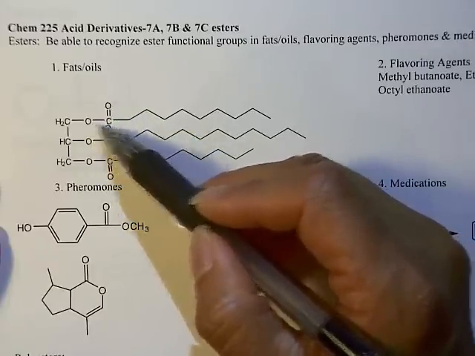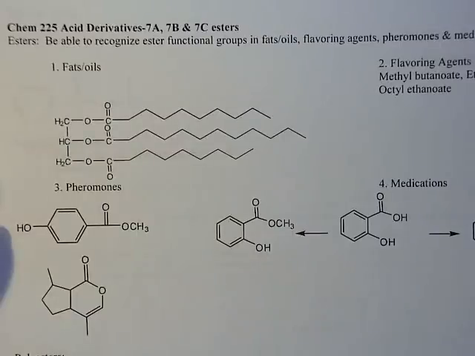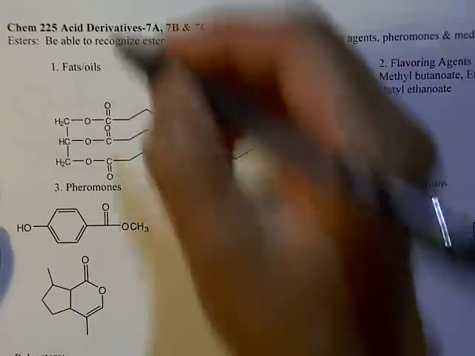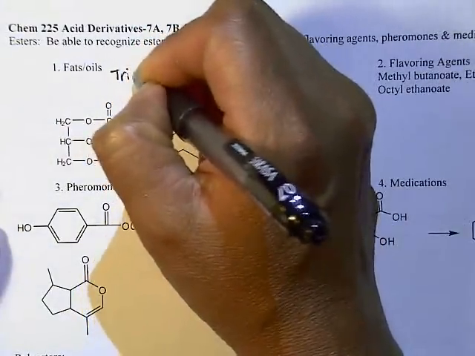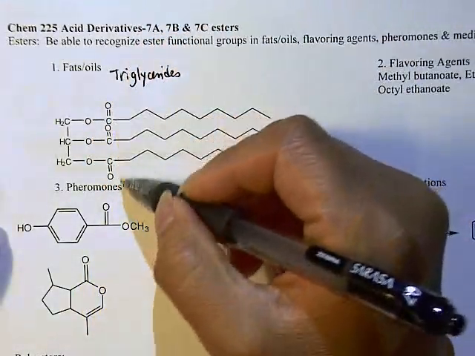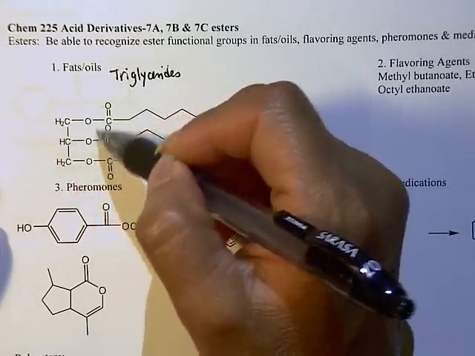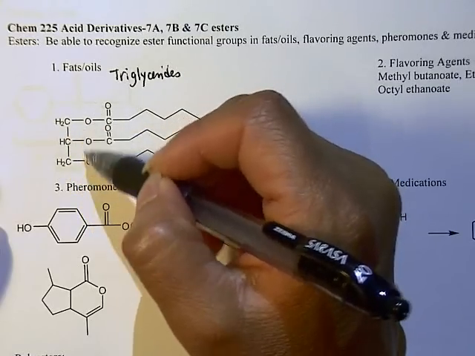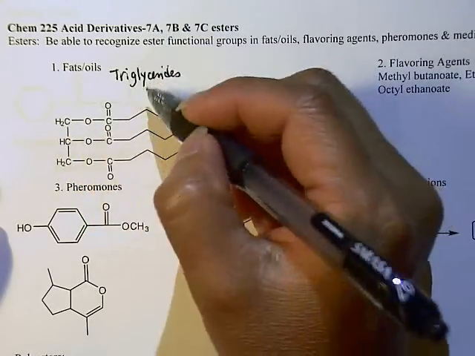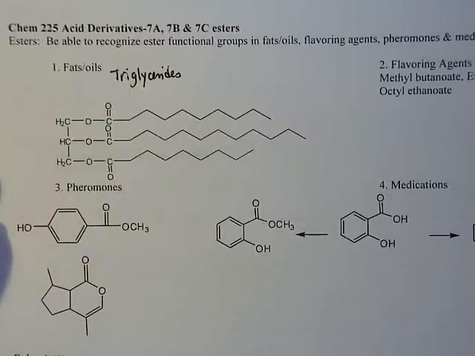See the one O here, one's here, another one, another one, right? The reason why they are called triglycerides is because of the 3 ester groups off of this glycerol, which is 3 carbons long with OH on each of the carbons. And that's why fats and oils are classified as triglycerides.